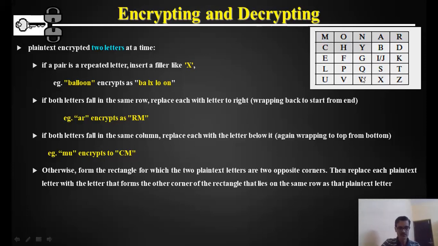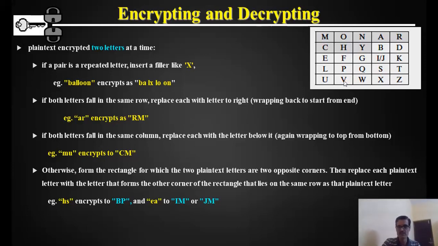Otherwise, if the two alphabets we need to replace fall in different rows and different columns, in that case, for example, say H and S. Just look at this: I have an H here and an S here. So what we have to do is replace H and S by forming a rectangle.